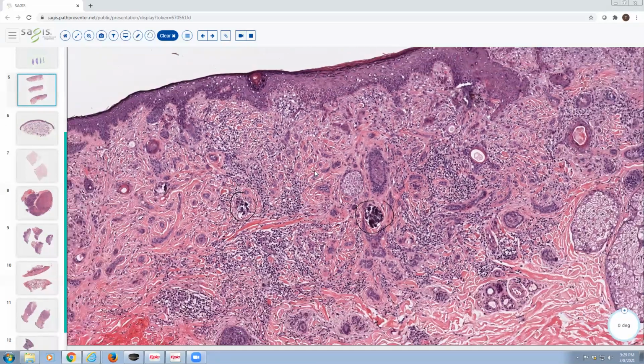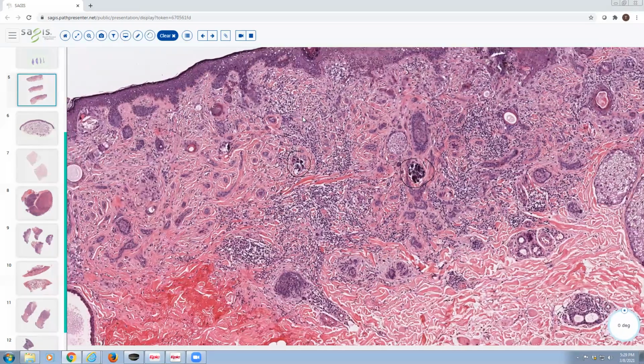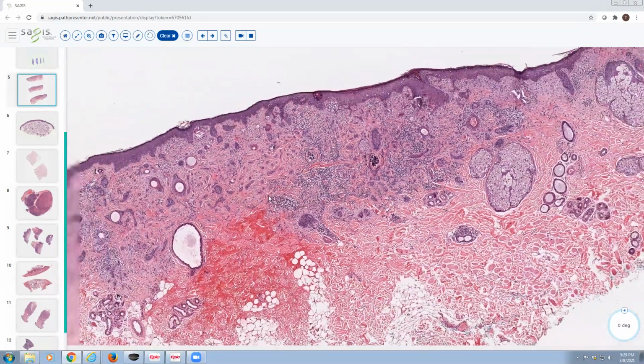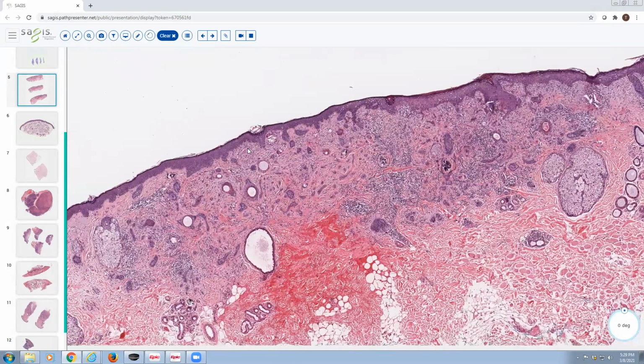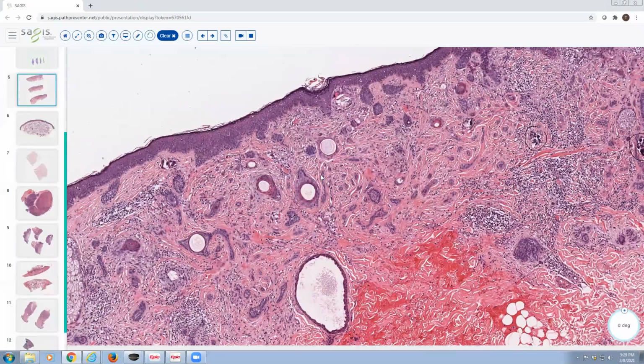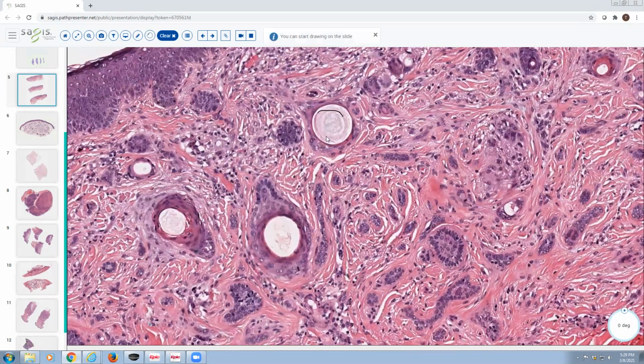And then we're going to look a little bit later at microcystic adnexal carcinoma, which is also on the differential, but extends way deeper, a lot deeper into the reticular dermis. It's not circumscribed and small. And these follicular cysts that have keratin in them, shaped kind of like concentric rings, help you recognize it as a follicular neoplasm rather than a sweat gland neoplasm.